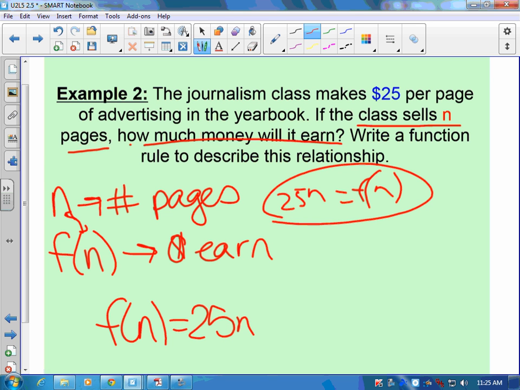I can flip them on different sides and it doesn't change the value at all. So my profit is going to be given to me by taking 25 times the number of pages that I sell. That will tell me my profit. Questions about this one? Make sure if this isn't what you had on your paper that you are fixing it so that you have the correct answer when you go to take a quiz or when you are studying for a test.